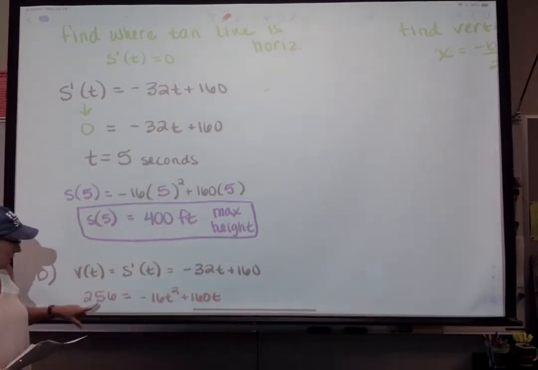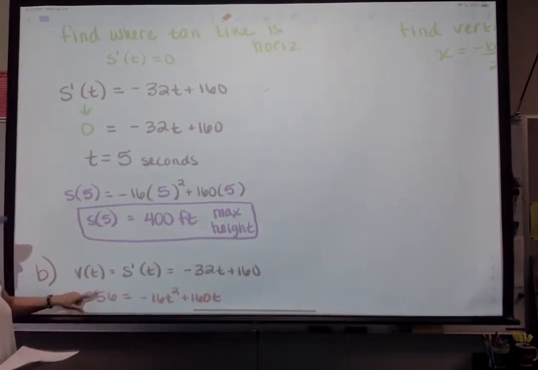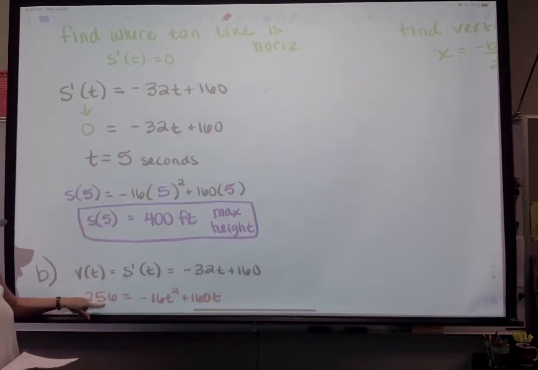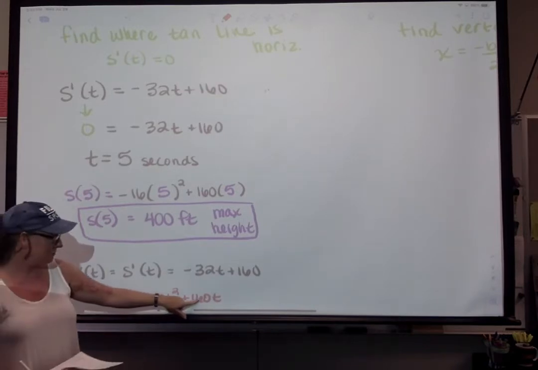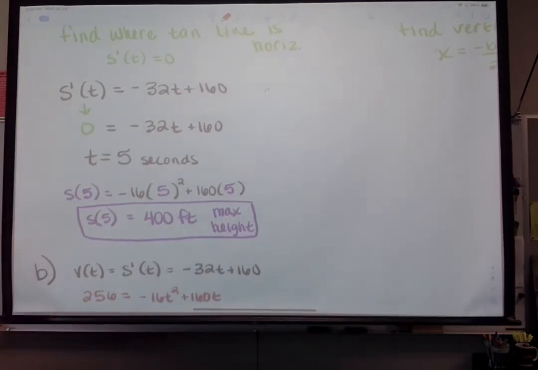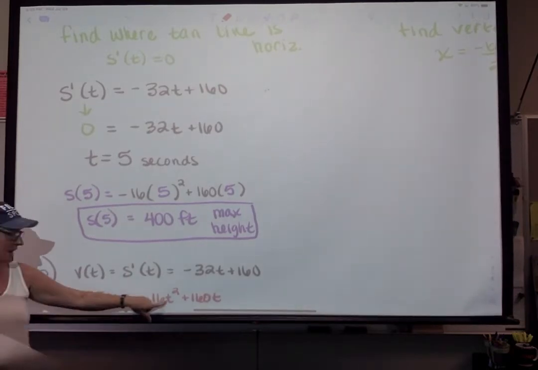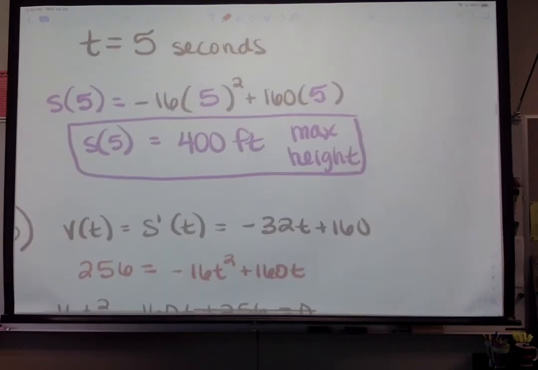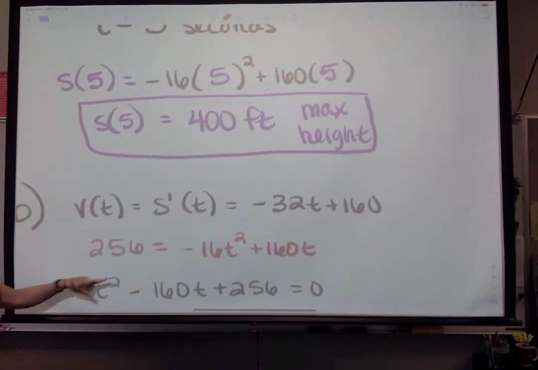I've already got that. How about we take the position function and set the height to 256. Position function, I'm going to set my height to 256. Now I'm going to solve it. It's quadratic. Get everything on one side. I moved them over here because I wanted this to be positive.